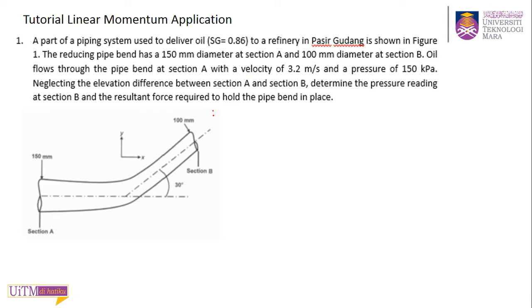So first your continuity equation, Q1 equals Q2, A1 V1 equal to A2 V2. So A1 equals pi times 0.075 squared. The 150 mm is in millimeters, don't forget you need to use meters.